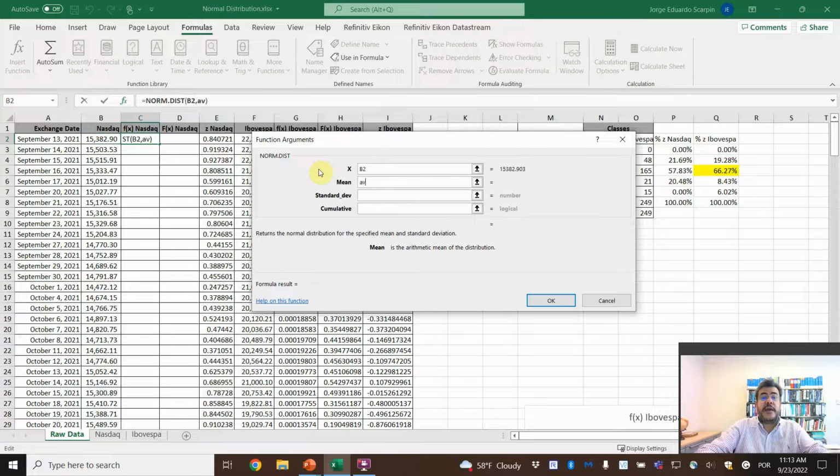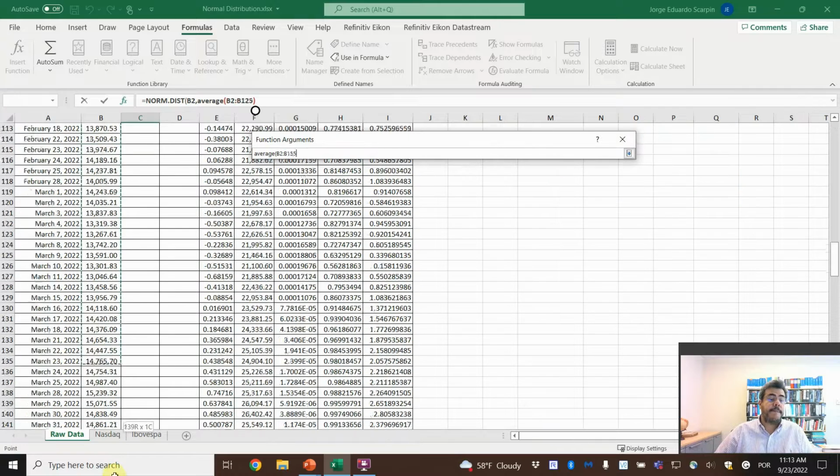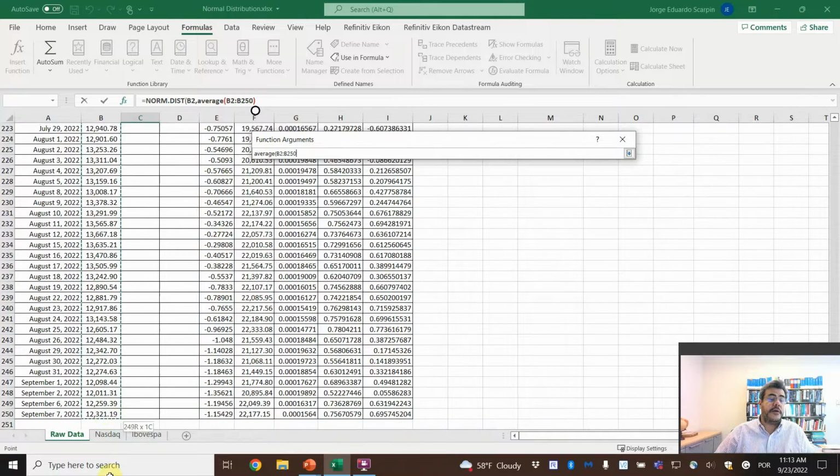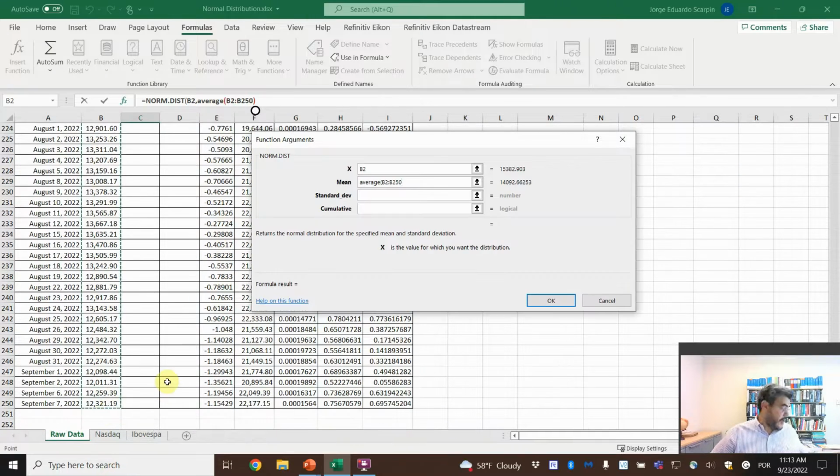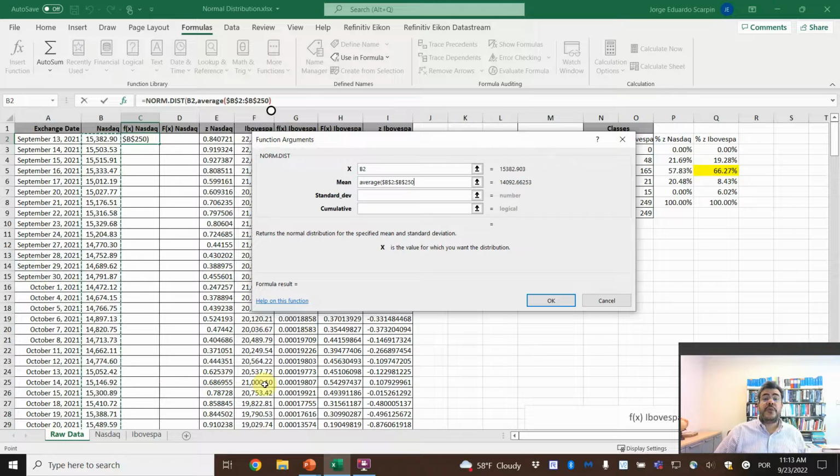Mean, average, because we don't have it. And then all of our numbers here. And F4, we fix them. And the standard deviation is standard.